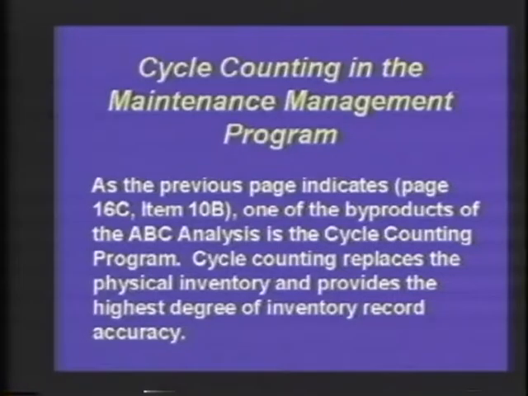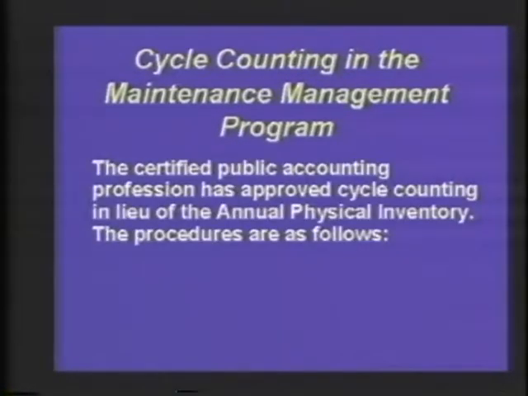Now, the second paragraph alludes to the fact that the CPA profession, the Certified Public Accounting profession, has authorized the adoption of cycle counting to replace the physical inventory, providing it is done correctly. And the procedure is as follows, starting off with step 1.